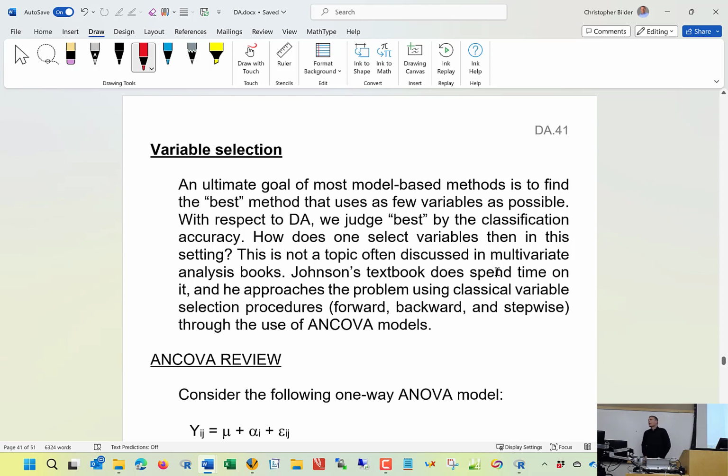Whenever you have a lot of variables that you're working with, you might be thinking, well, if I don't need some of the variables, let's not include them in the analysis. If these variables are not important for predicting, let's say, success or failure for a place kick, why should I even include them?